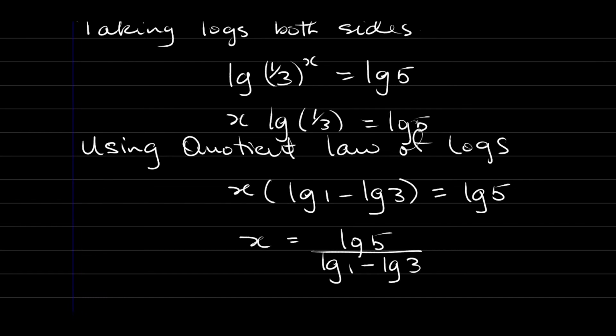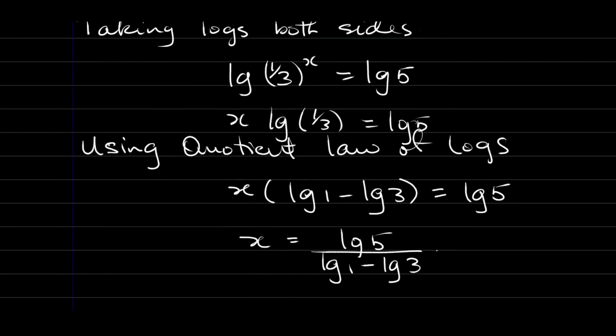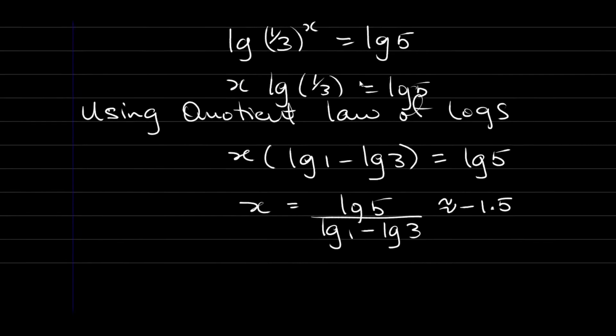Let's calculate that and see what we get. Log of 5 over log of 1 minus log of 3, and we get an answer of negative 1.5, well, approximately equal to, right?